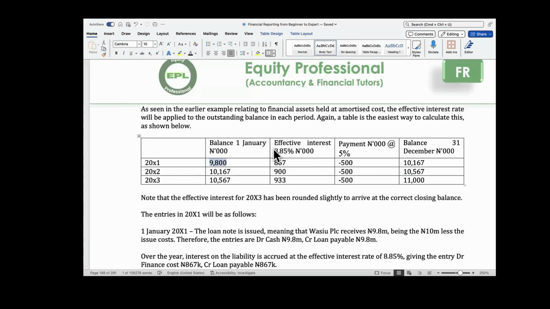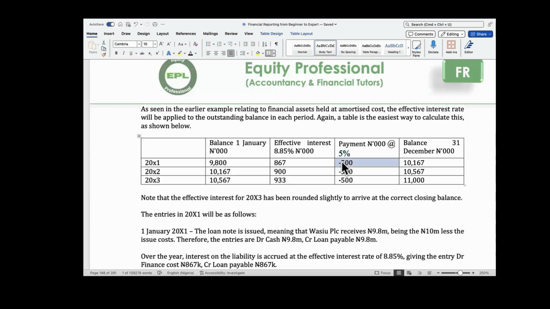So the effective interest, which is 8.85%, you apply that on the 9.8, it gives you 867. The fixed interest that you're paying as interest, this one is always on the principal. You'll be very wrong to go and apply that on 9.8. You pay interest on what you borrow. So you borrow 10 million, you pay interest on 10 million.